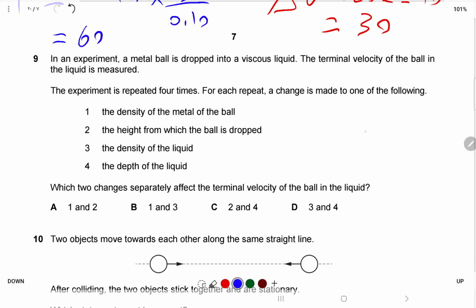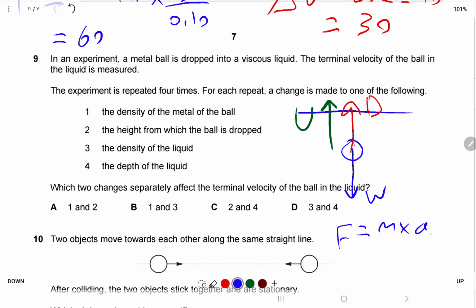Initially, if you immerse a ball in a liquid and the ball is moving downward, what are the forces acting on the ball? You have the weight, which is a downward force, and you have the drag force, that's the friction with the liquid, and also of course you have the upthrust, which is U. Now the terminal velocity is affected by these forces, because force equals mass times acceleration.